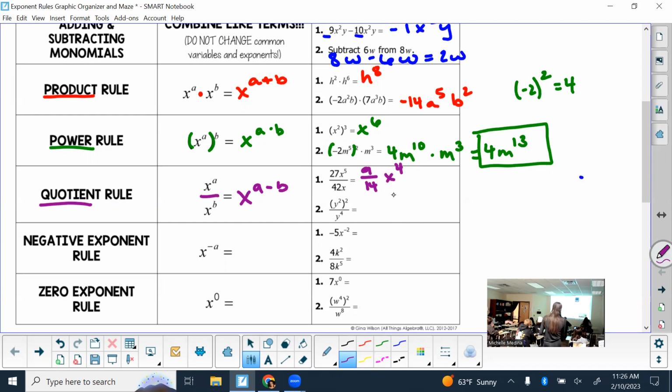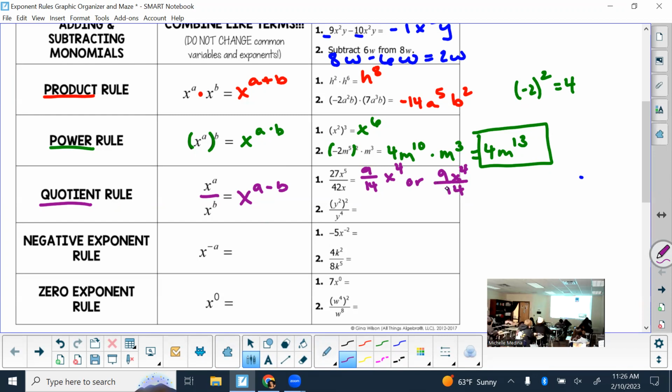Question? All right, so you can write it like this, or you could put the x in the numerator if you want, because it didn't have a negative exponent, so it could be in the numerator. Either way of writing it is fine.